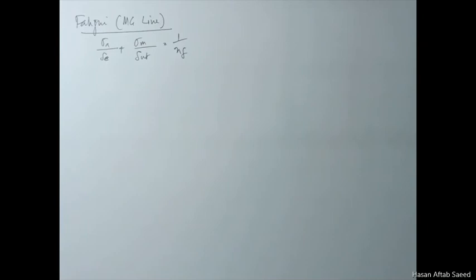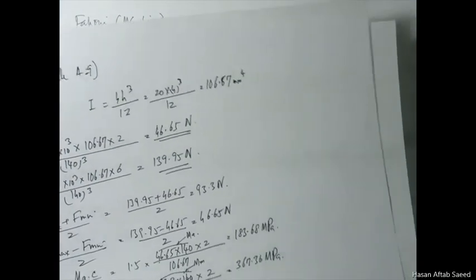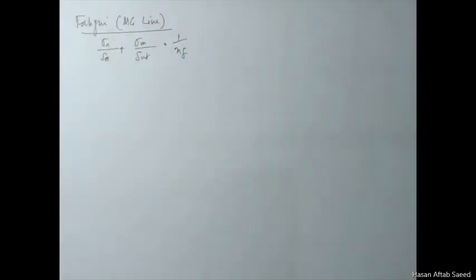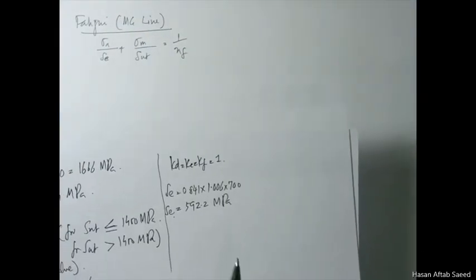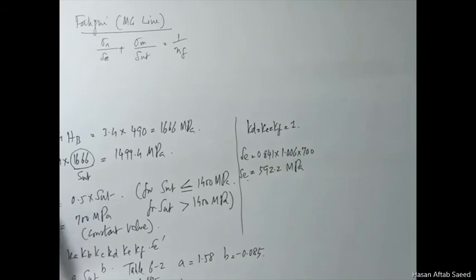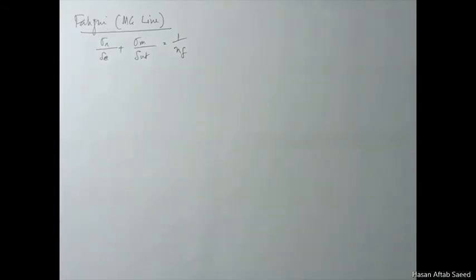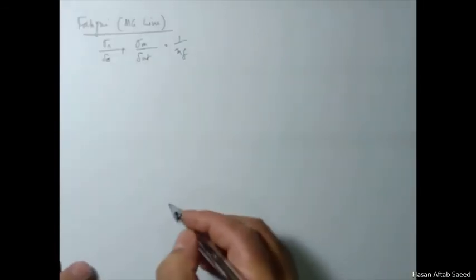Sigma A is 183.68, sigma M is 367.36, and we have just calculated SE as 592.2, and SUT is 1666. So all these values are now known to us.